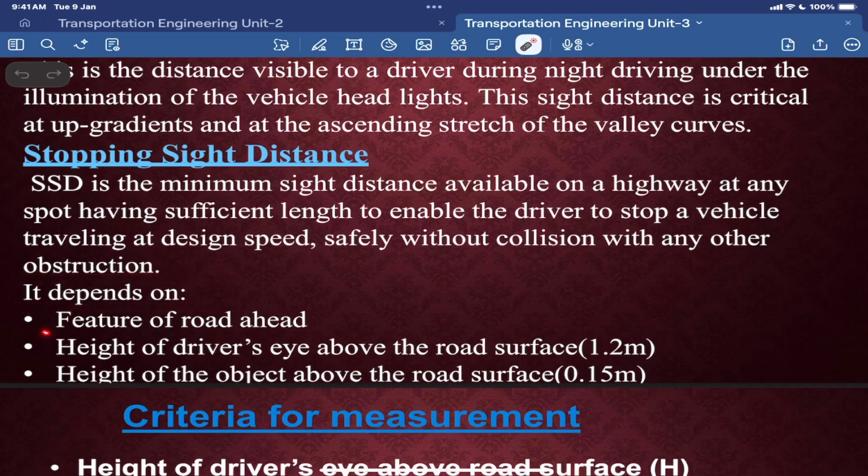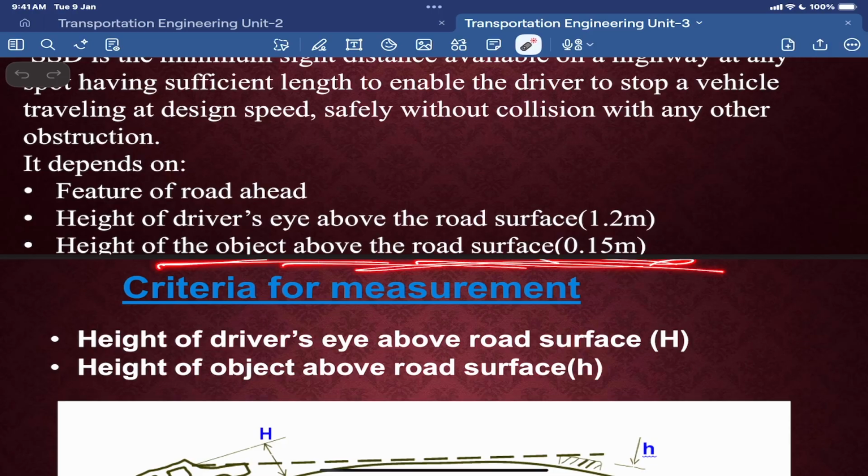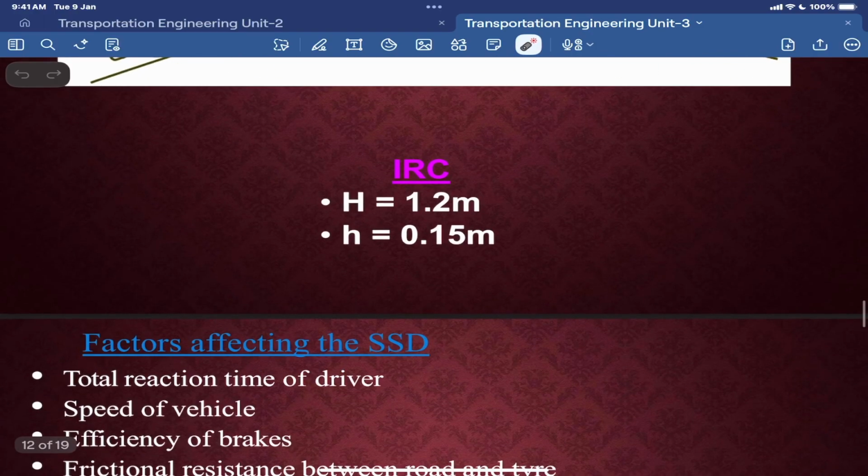It depends on features of the road ahead, height of driver's eyes above the road surface, 1.2 meter, and height of the object above the road surface, 0.15 meter. Criteria for measurement: height of the driver's eyes above road surface, capital H, equals 1.2 meter; height of the object above road surface, small h, equals 0.15 meter, as per IRC.